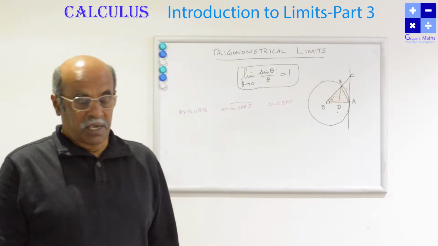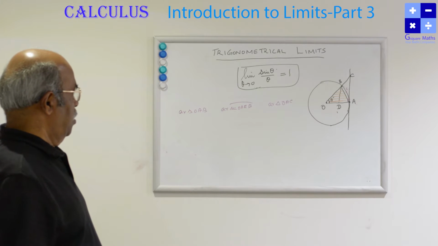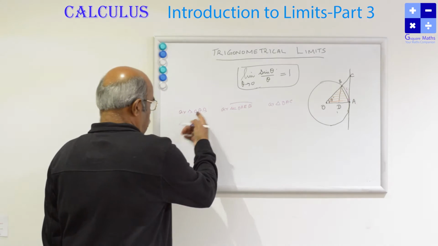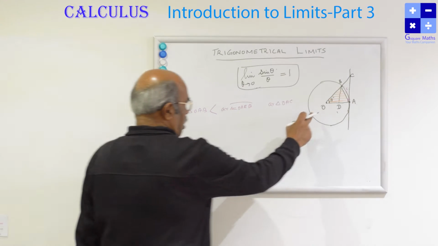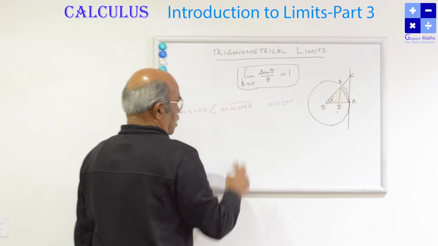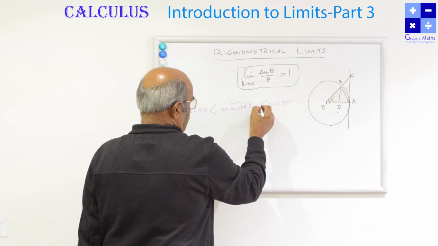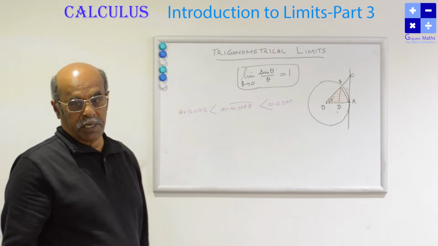From the figure, we can easily observe which area is greater and which is smaller. It's very clear that triangle OAB is the smallest, the sector comes in the middle, and triangle OAC is the biggest area. So this is an inequality.